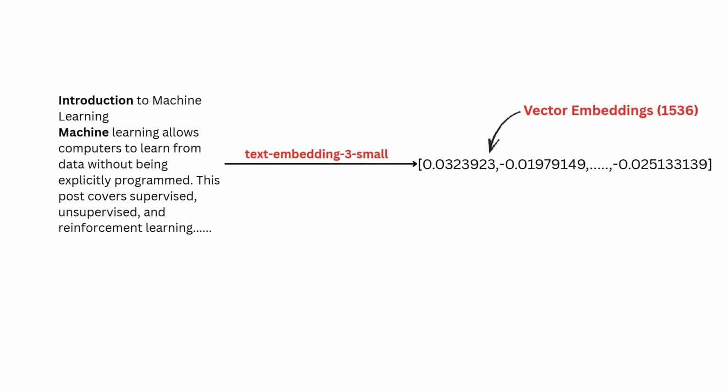Now, this particular long string we are going to convert into vector embeddings, and for that, we are going to use the text-embedding-3-small OpenAI model, which will allow us to create 1536 vector embeddings, every number separated by comma. Now, if we use the text-embedding-3-large OpenAI model, it will create 3072 vector embeddings. This means the greater the embedding size, the better the results tend to be.